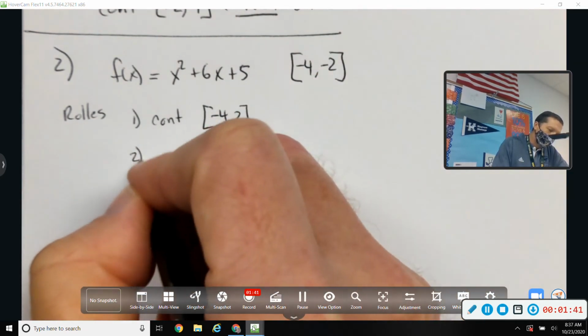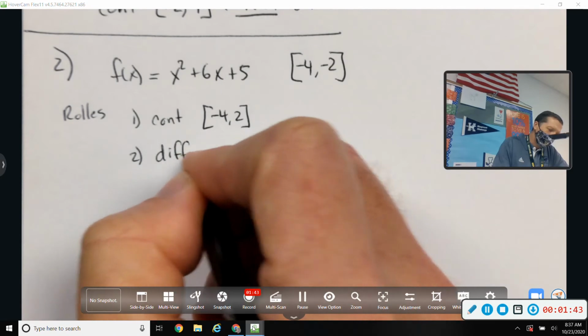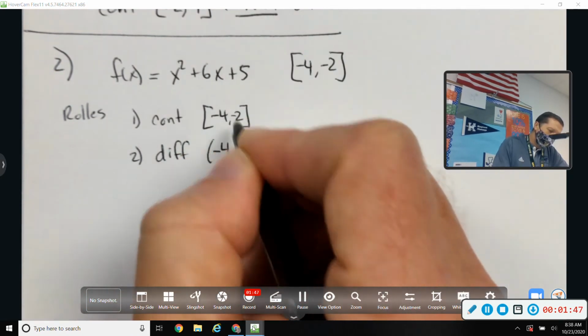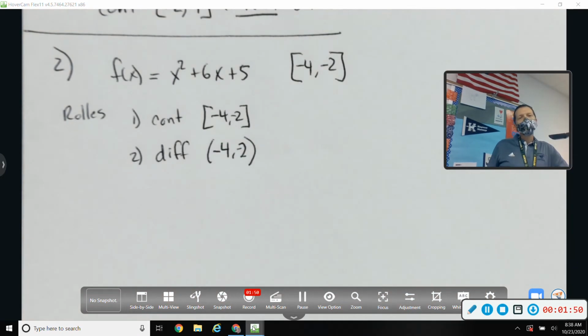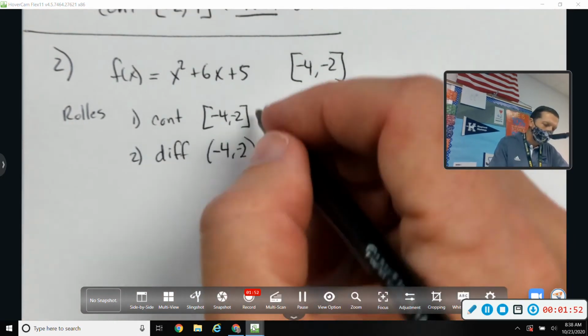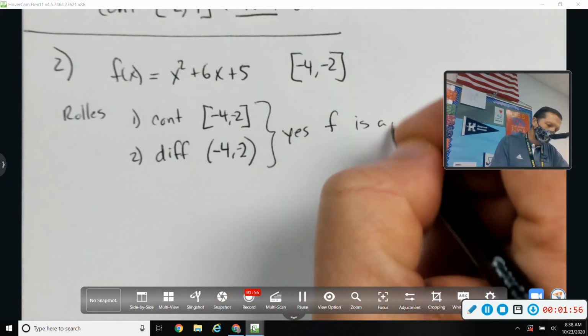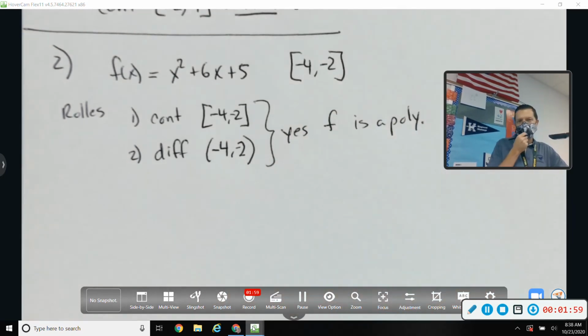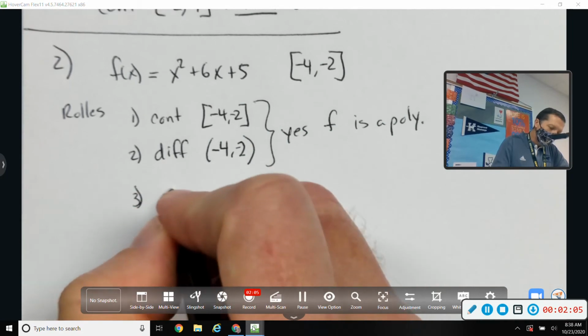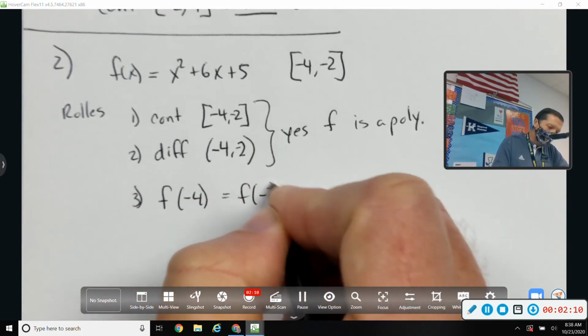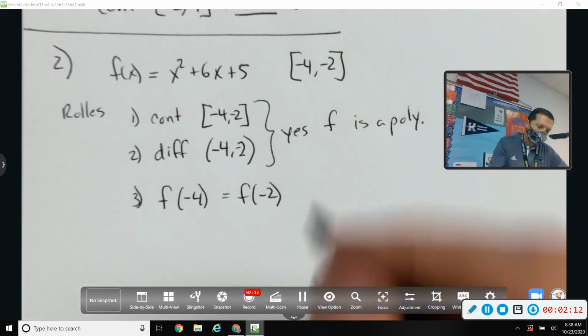I'm going to group the first two together on this one, but both of those are true because f is a polynomial, and a polynomial is everywhere continuous and everywhere differentiable. So we're good on the first two. The third condition is that the y values at the endpoints are the same. So I need to check that.